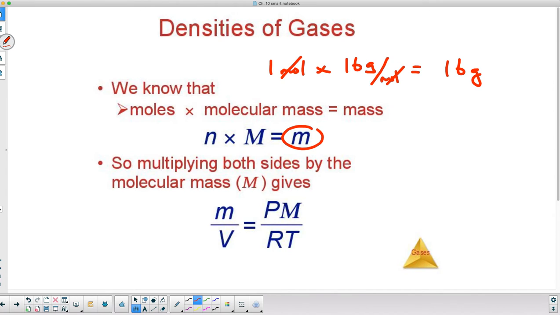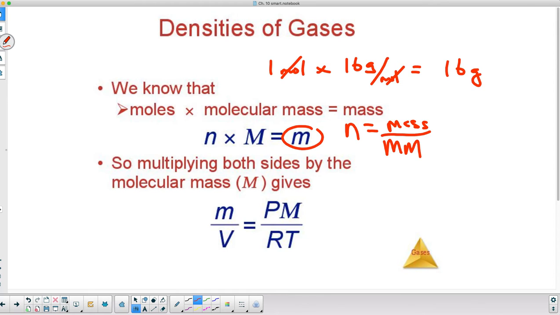So there's where I get my mass from. When I plug this into the equation, number of moles equals mass divided by molecular mass. They use a capital M here, but I use MM for molar mass.